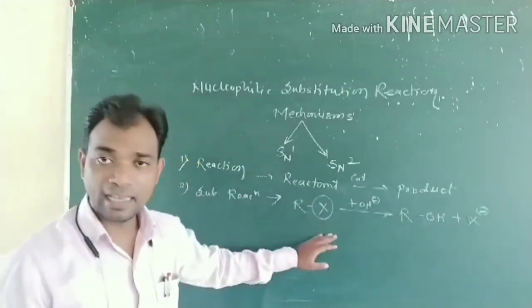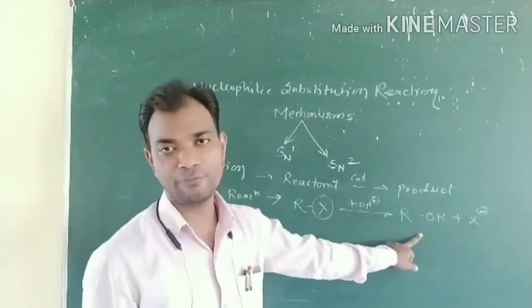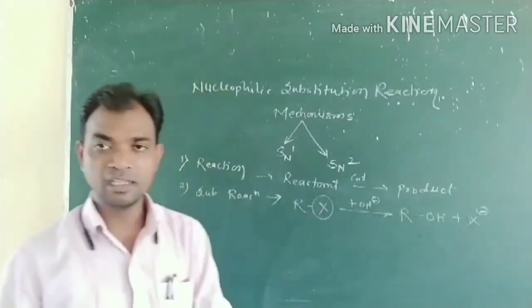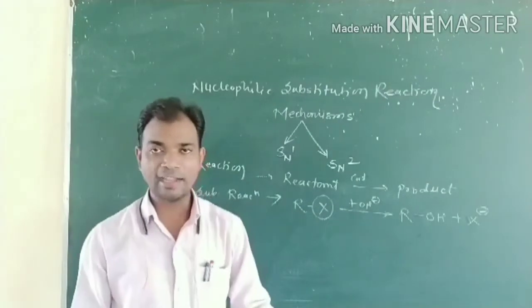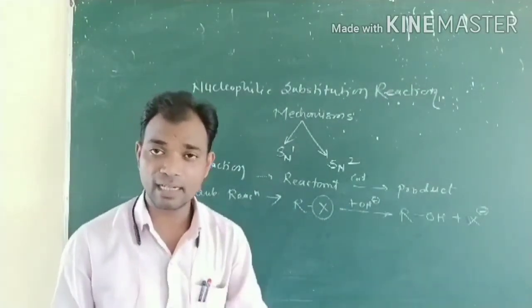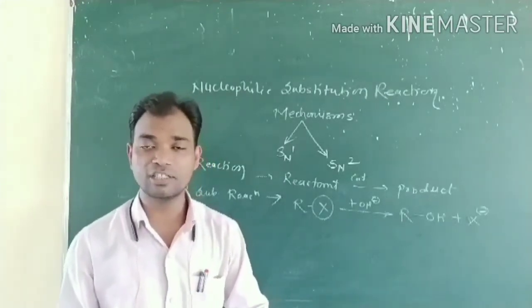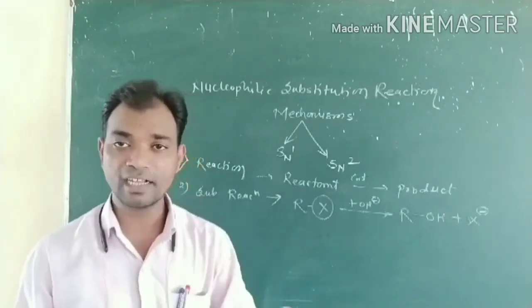Here the X is substituted by OH in the final product. That means the reaction in which an atom or group of atoms is substituted by another atom or group of atoms is called a substitution type of reaction.